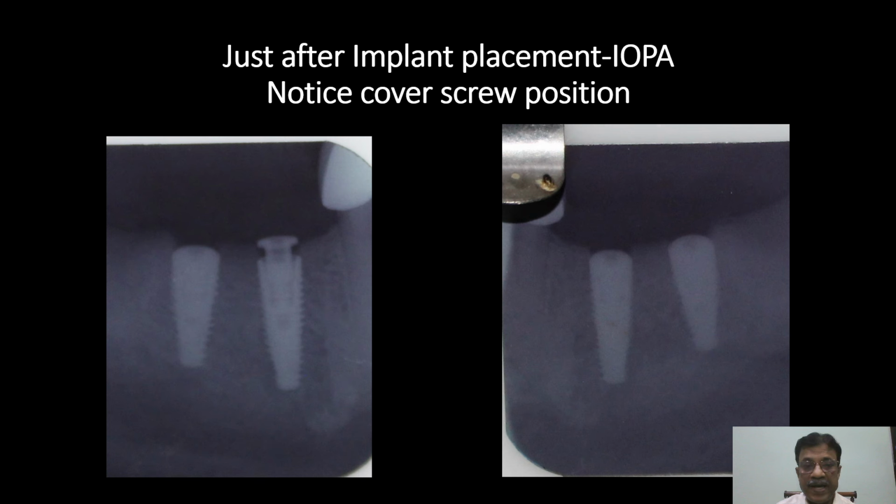So I advise that after placing a cover screw, even though the implant is placed properly and you are satisfied, it is very important to take a proper radiograph and see that the cover screw is properly placed. That gives a confirmatory test. So you can see on the right side that after taking the X-ray, I saw my mistake in placing the cover screw and I placed the cover screw properly.